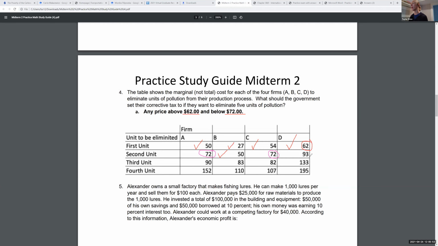For example, for 93, the firm's not going to eliminate pollution because it would cost them $93 to eliminate that unit of pollution. And since the tax is between 62 and 72, it's going to be cheaper for the firm to pay the tax to the government than it is for them to eliminate that unit of pollution at $93.